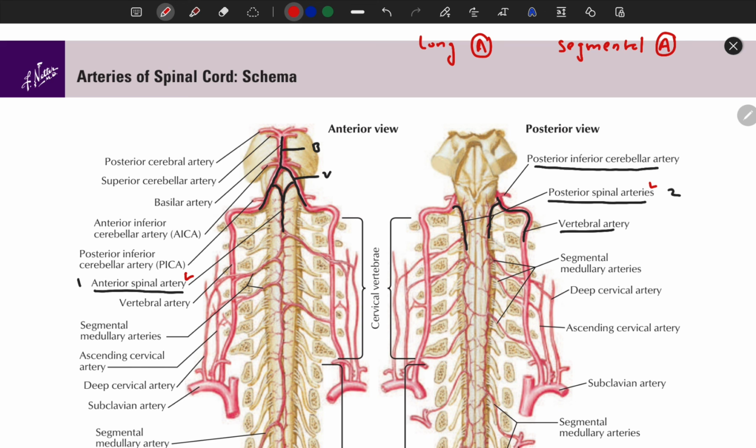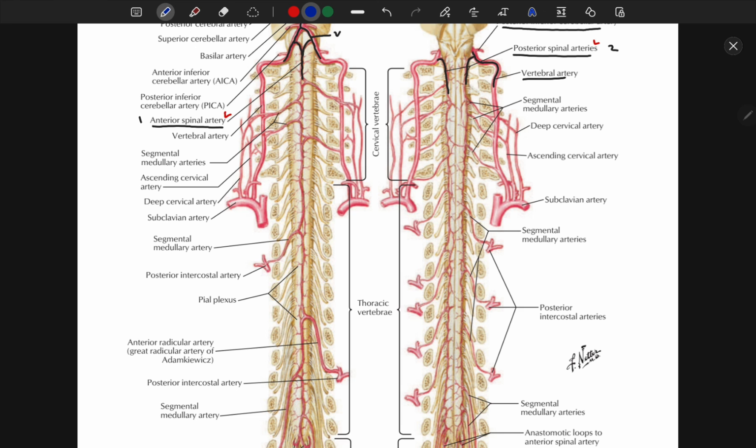Now we have the segmental arteries. Which are the segmental arteries? This is the vertebral artery, so it can give segmental arteries. Then this artery, the deep cervical artery, is also a segmental artery.